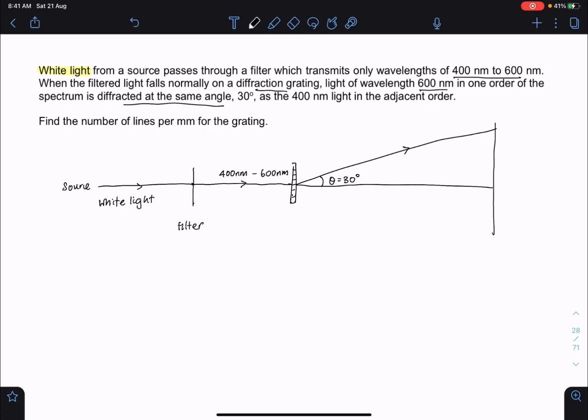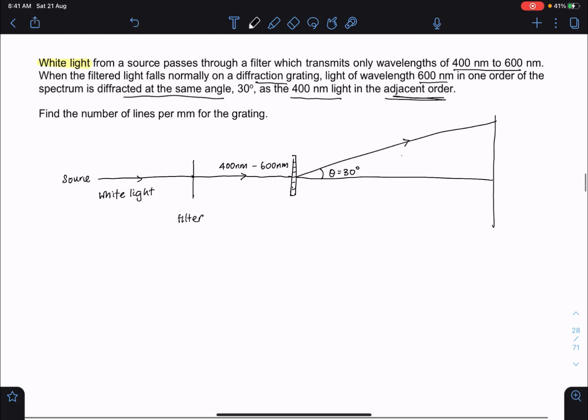We are also told that the 400 nanometer light in the adjacent order also diffracts at the same angle. So I'm first going to write lambda 1, 600 nanometer is diffracted at 30 degrees. Now, lambda 2 at 400 nanometer is also diffracted at 30 degrees.